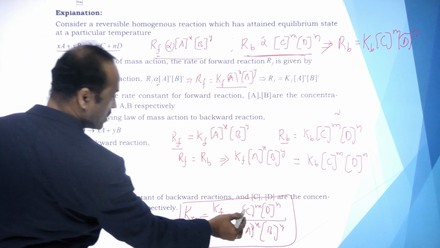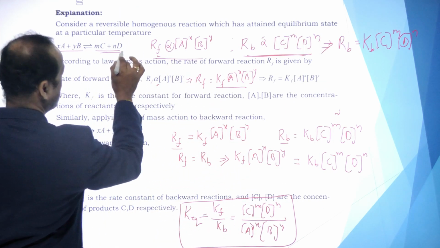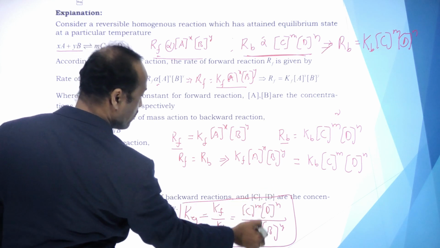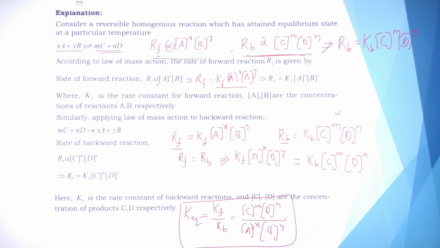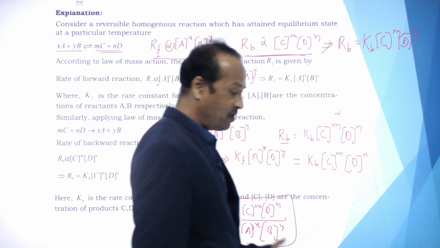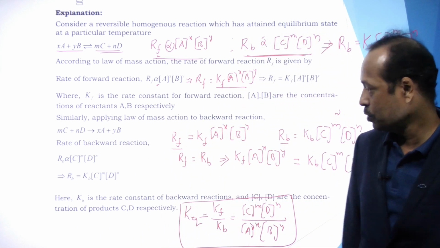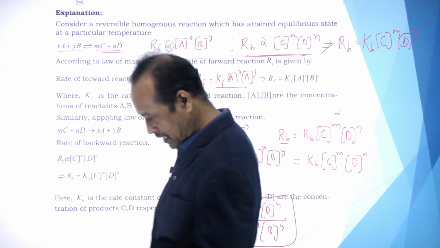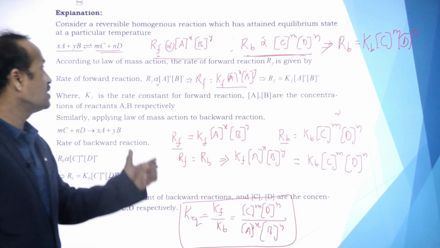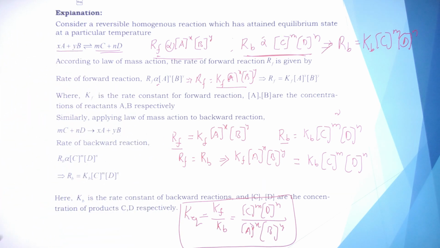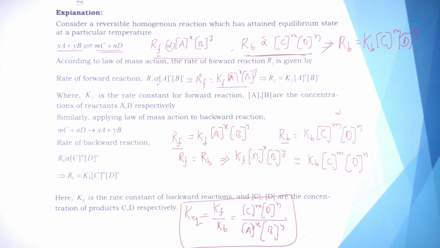So products C and D are in the numerator and reactants in the denominator. So this is a very important equation to solve the numericals here. Is this clear? Once go through this one, one minute. Pause the video and then see that.